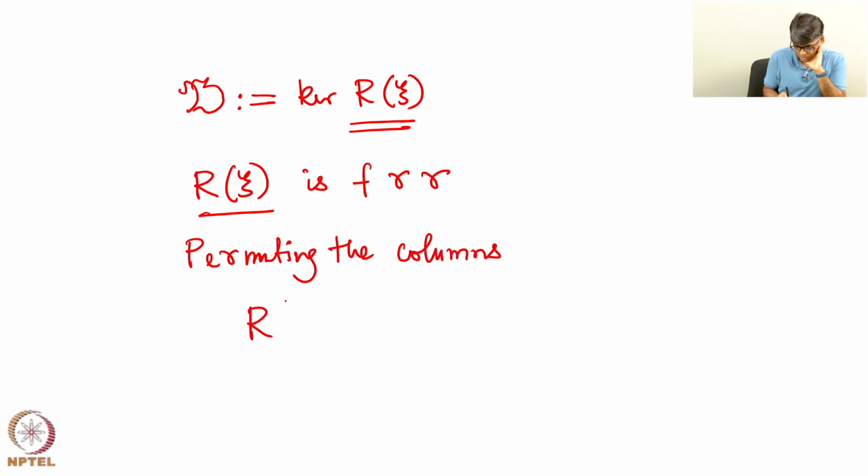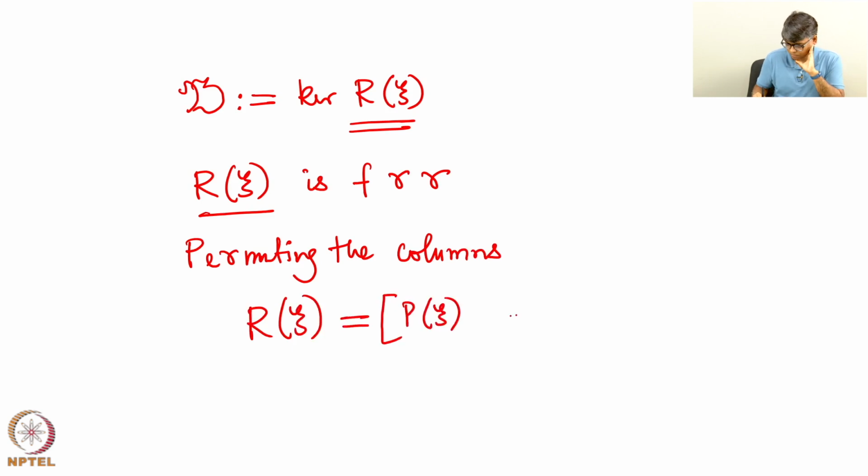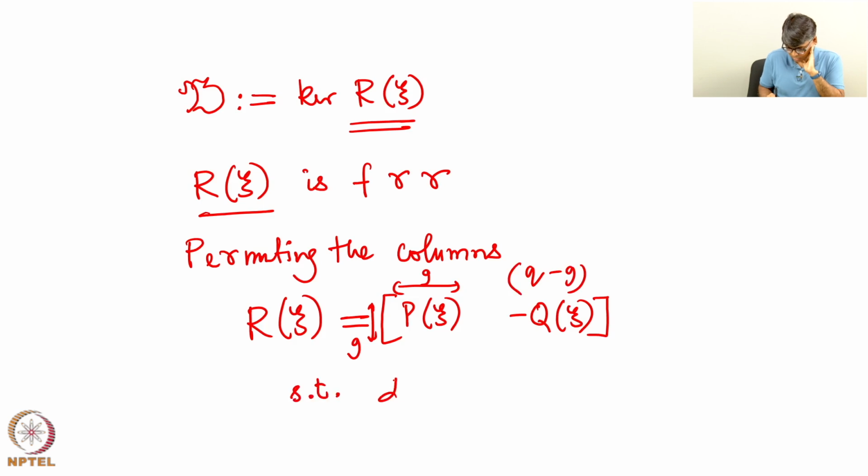rearranging the columns, after possibly permuting the columns, we can bring R(ξ) to be of this form, P(ξ) minus Q(ξ), where P is size g by g, this is also size g, remember full row rank, and this is q minus g, so that the determinant of P(ξ) is non-zero.